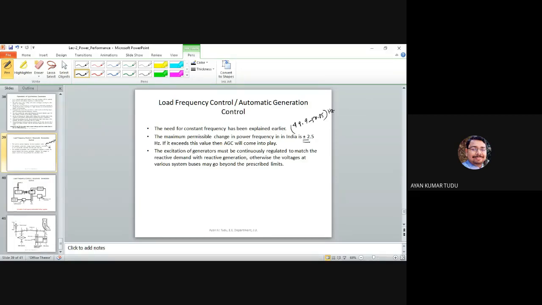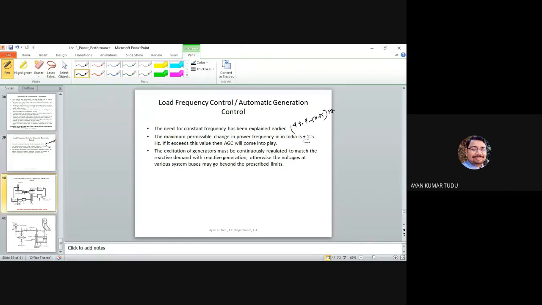In modern large integrated power systems, this type of manual regulation is not a very feasible option, and therefore we are going for automatic generation and voltage regulation equipment.